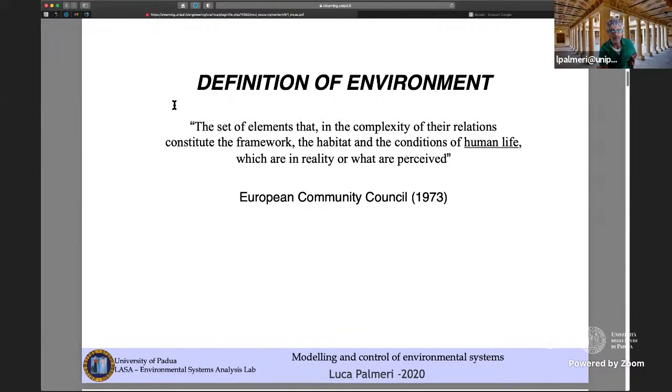In particular, environmental systems are complex objects made up of a set of elements that are interrelated with each other, and the complexity of their relationships constitutes what we may call the framework of the habitat, the conditions for human life. So we see that this definition is very anthropogenic, in the sense that we give a definition from an anthropic perspective.